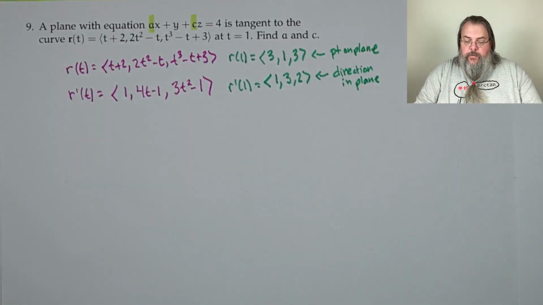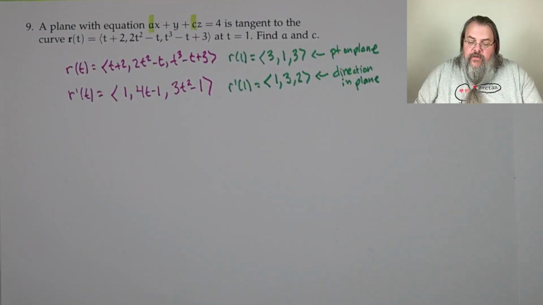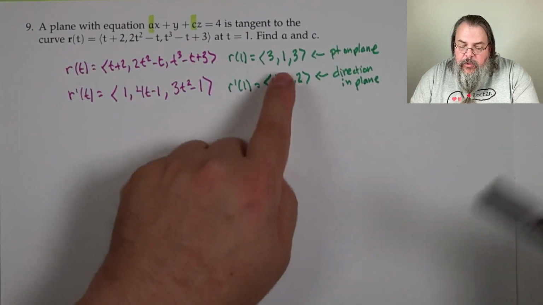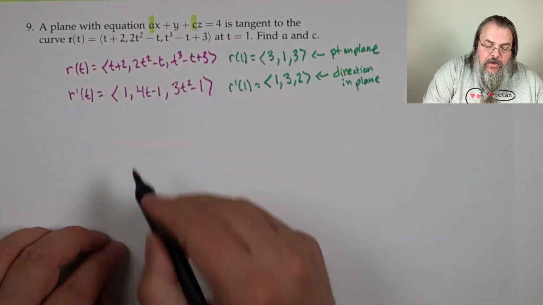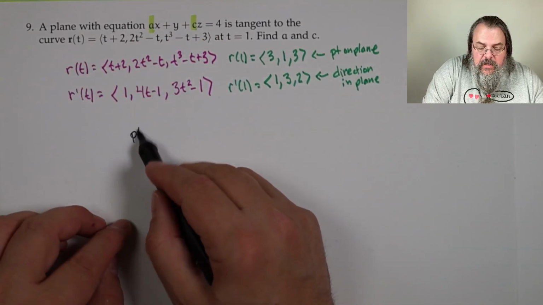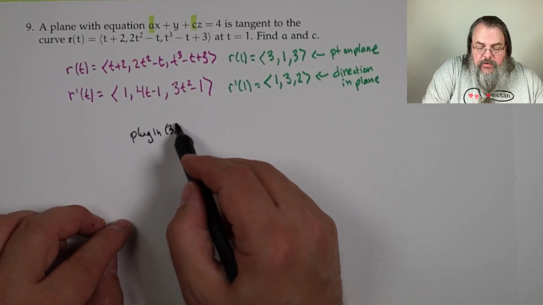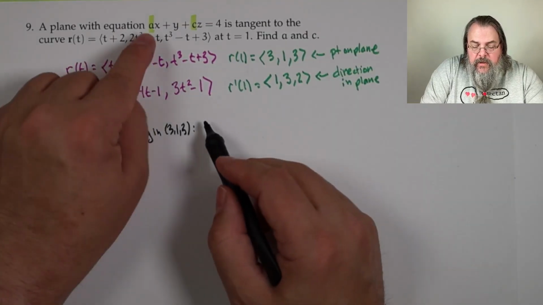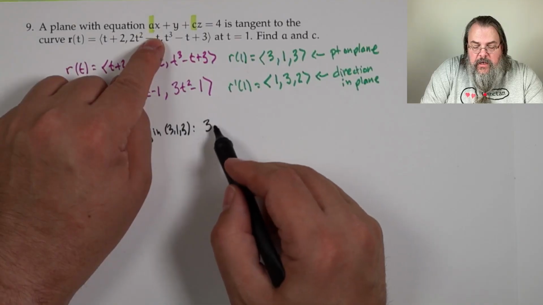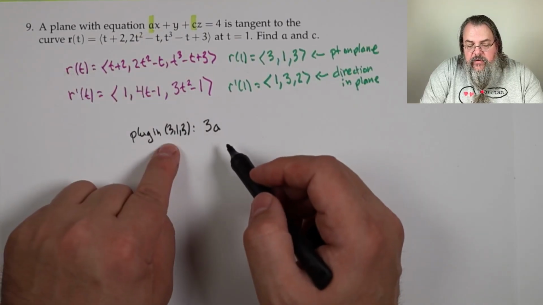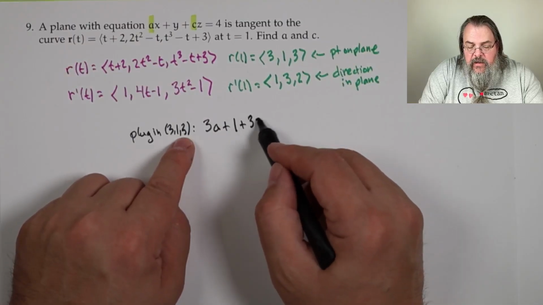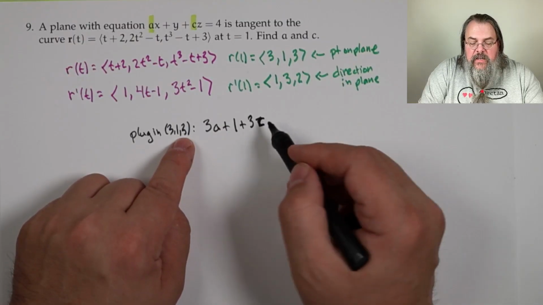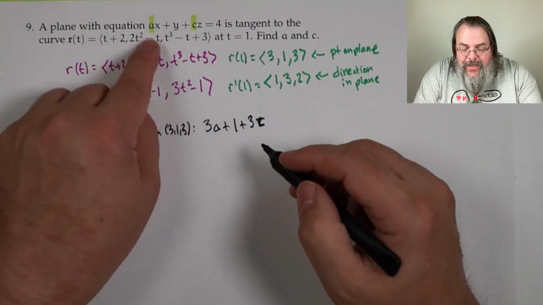And we say, okay, well, what must be true with these things? Well, we know that this point, (3, 1, 3), has to satisfy this equation. So we are going to plug in (3, 1, 3), and we're going to get 3a, because x is 3, plus 1, plus 3c.